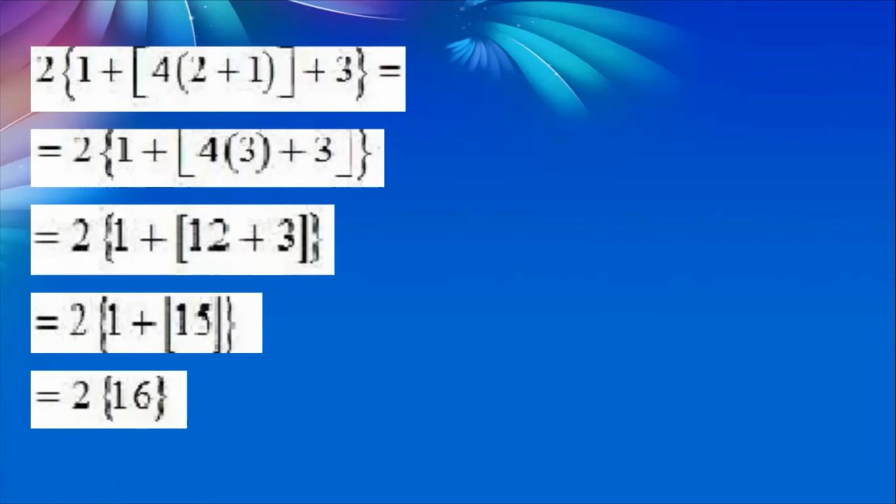So let us multiply 16 times 2 for our final answer, that is 32. Again, if we have multiple brackets or a lot of numbers grouped by parentheses, don't you worry, just do the numbers that are inside the parentheses.